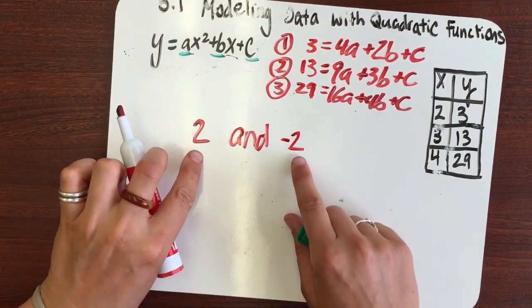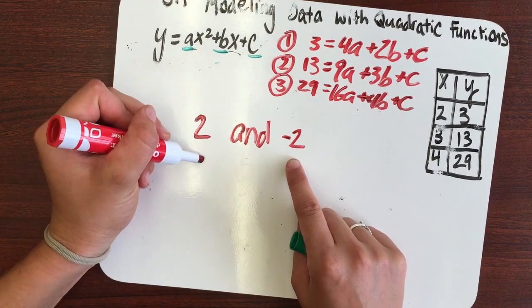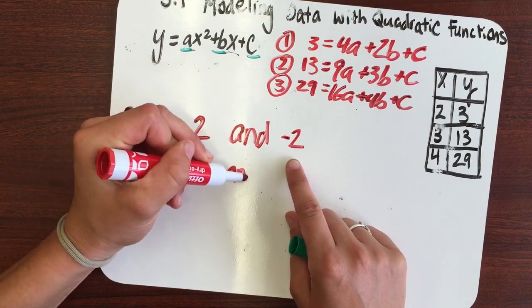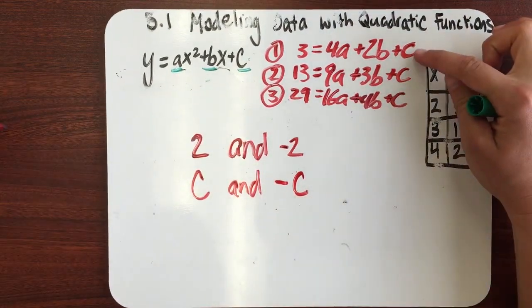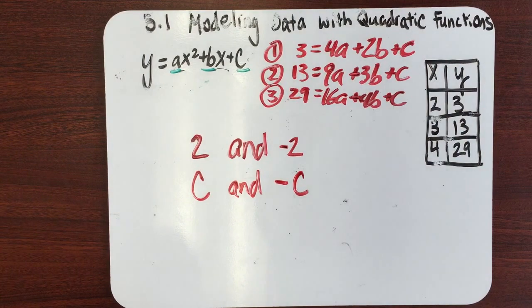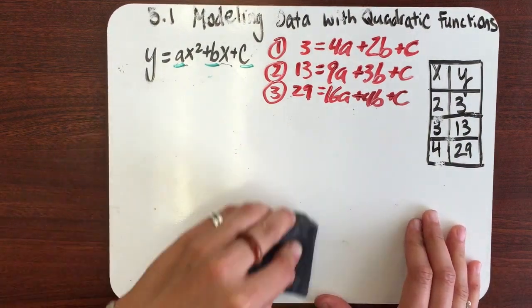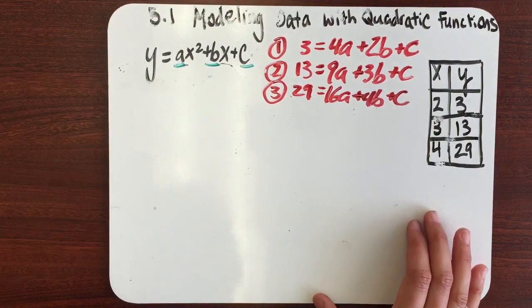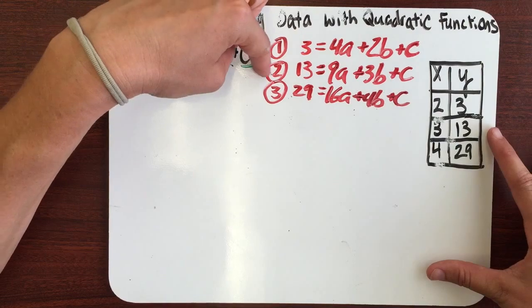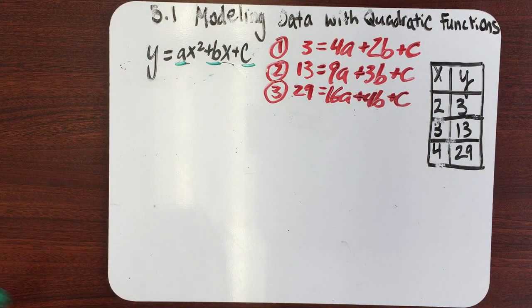Those are opposites. And when you add opposites, you always get 0. So if we have c, then the opposite of c is -c. So we have c, and we need to get a -c in order to add the equations and eliminate them. So you can either subtract equations, 1 minus 2, or you can multiply everything by a negative and then add them. That's really up to you.